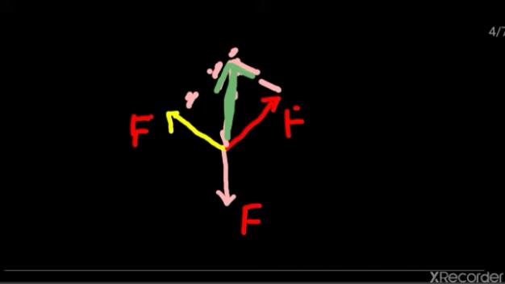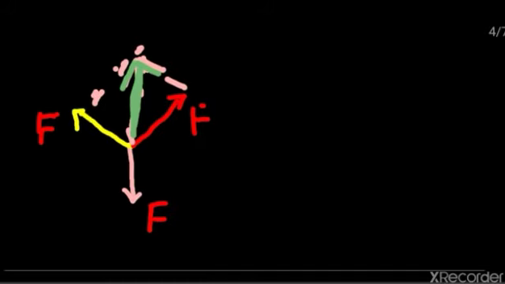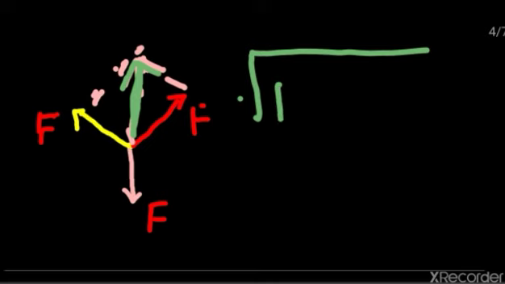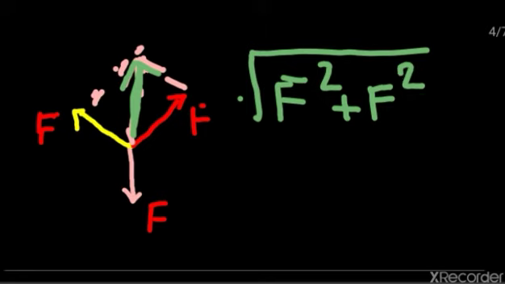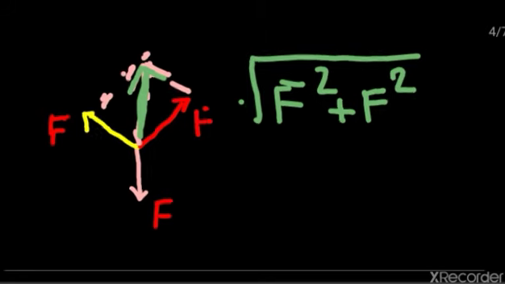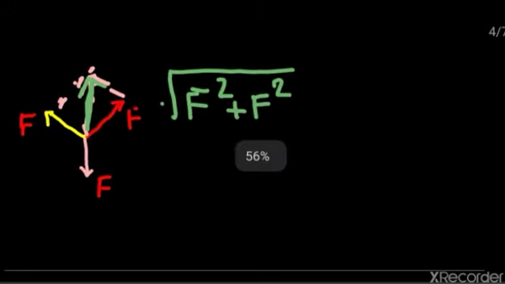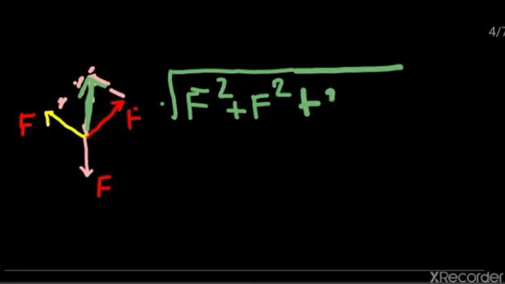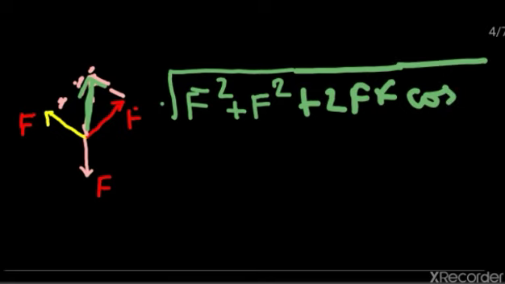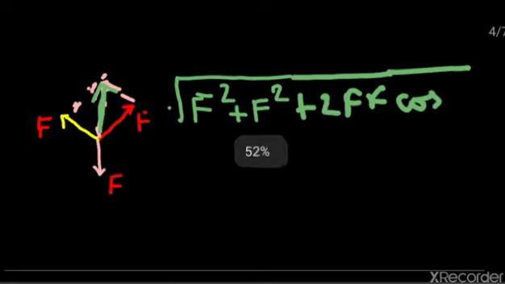We can find it using the formula: under root F square plus F square plus 2F into F cos of the angle.